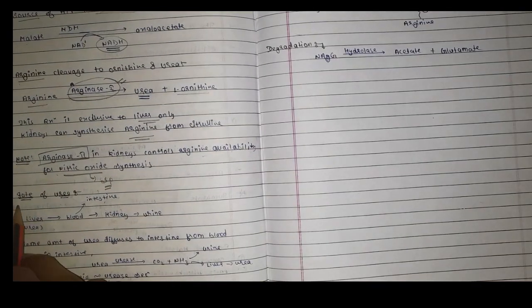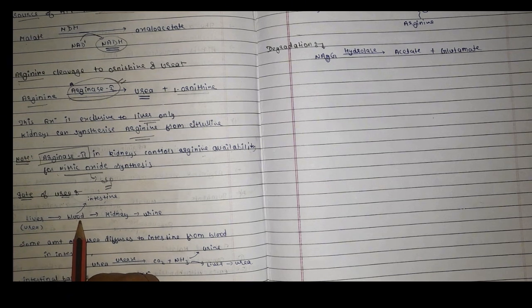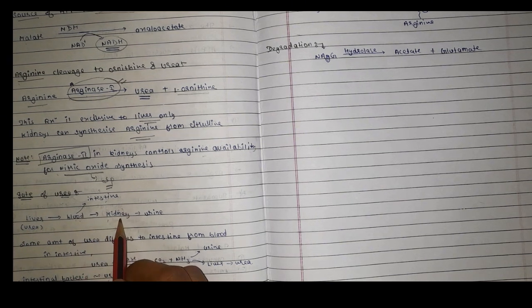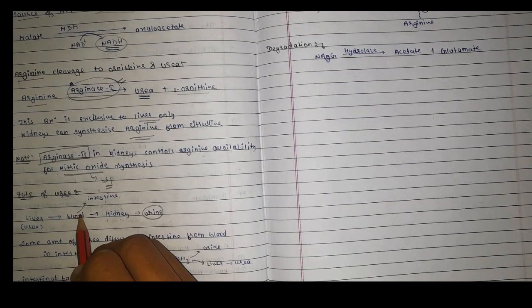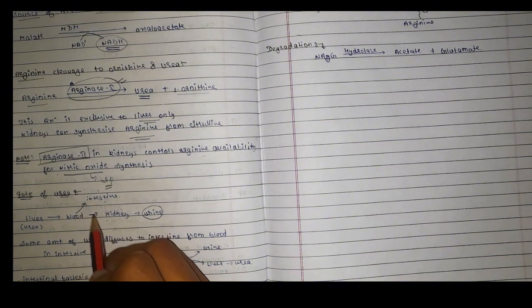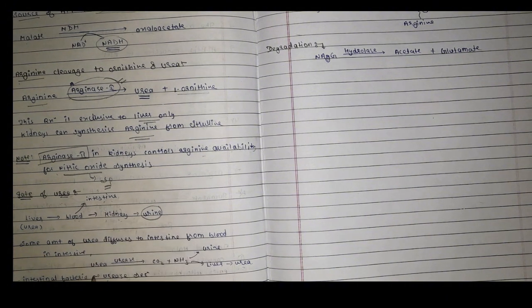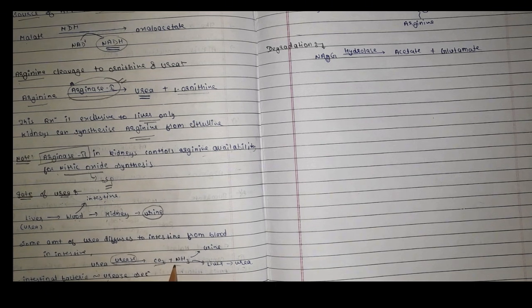Now we will discuss about the fate of urea. The urea formed in liver is diffused to blood. From blood it travels to kidney. From kidney it is excreted out as urine. Some amount of urea also diffuses in intestine, where it is acted upon by urease, which converts urea into carbon dioxide and ammonia.